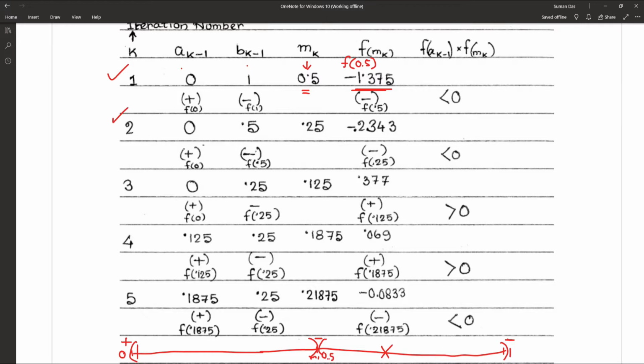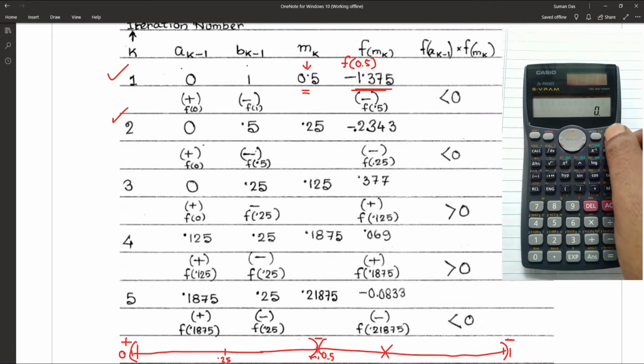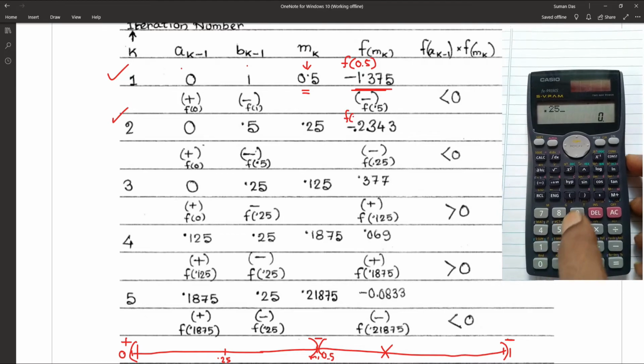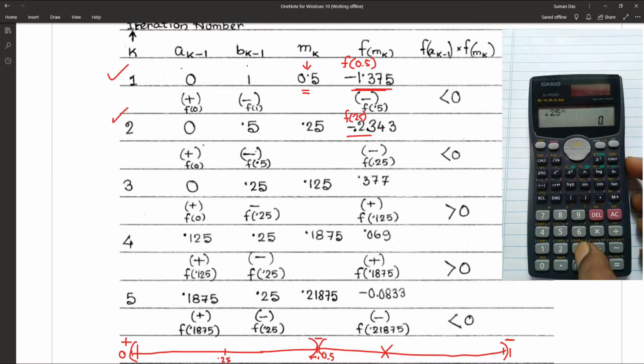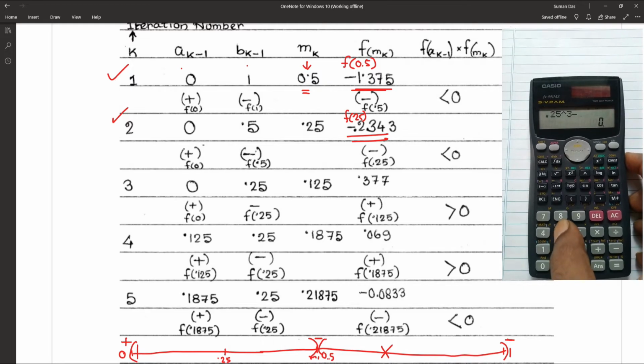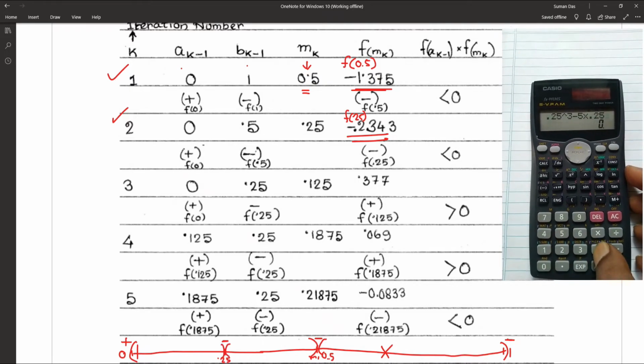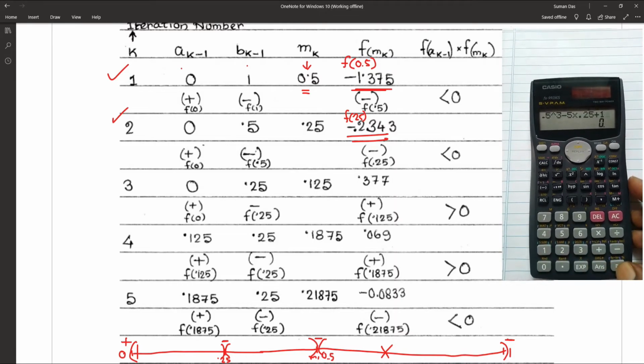From 0 to 0.5, at 0.5 the value of the function is negative and at 0 it is positive. Once again we bisect, and the point is now 0.25. At 0.25 the value of the function is again negative.